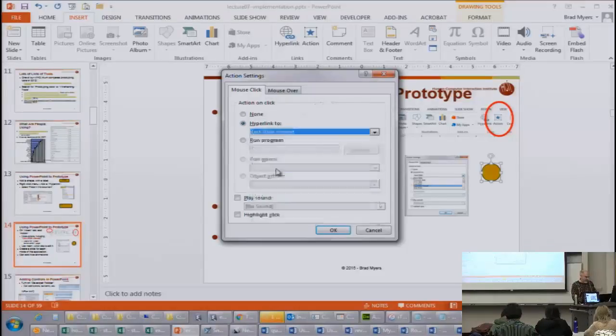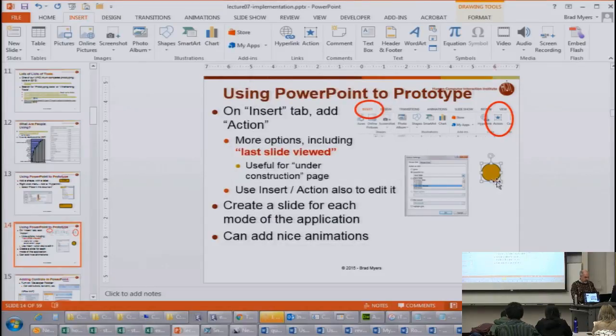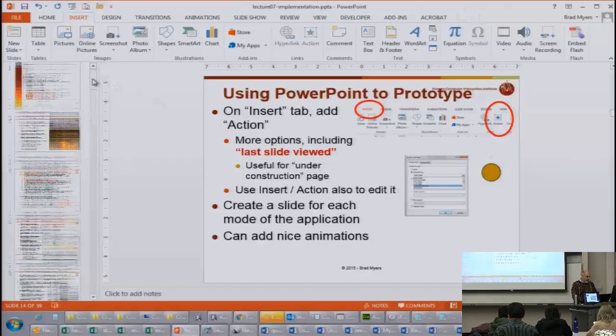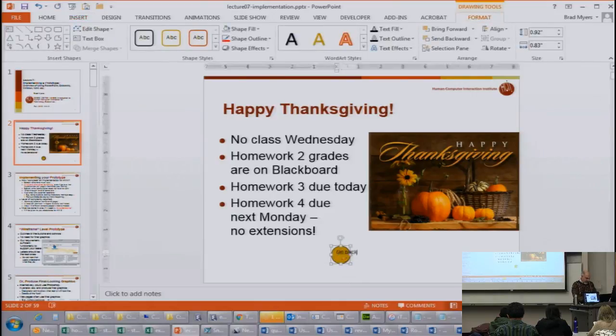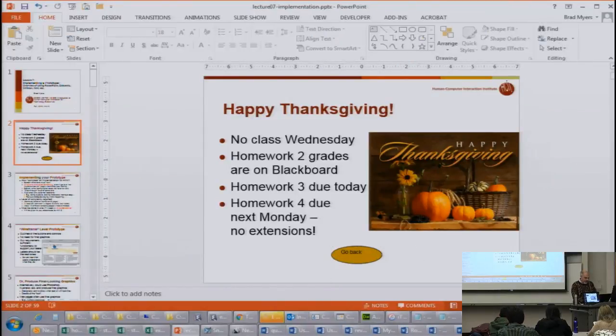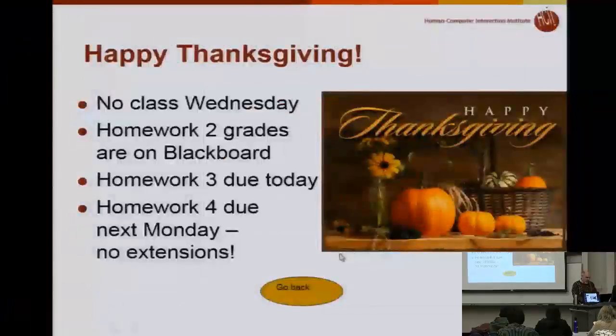Last slide viewed. Okay. Actually, let's make a copy of this. I think that works. If you copy things, and we'll paste it down here. And I guess we might as well say go back. I don't want to spend too much time making it pretty because you get the idea.